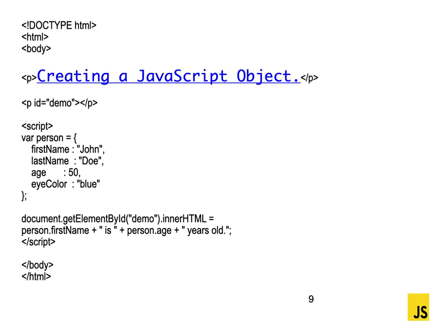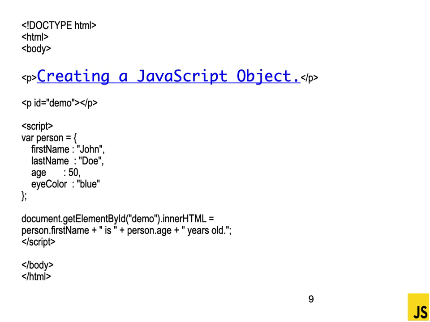See the example. Here we are creating a JavaScript object. There is a message, creating a JavaScript object, placed inside paragraph tags, start tag and end tag, followed by another paragraph tag with an id equal to demo, and a script is specified here.